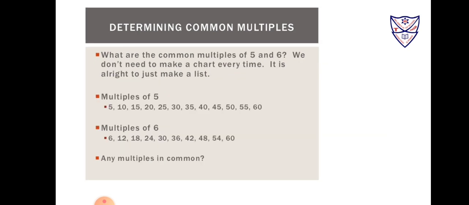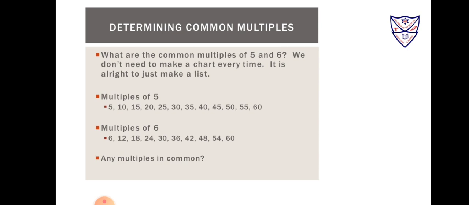Now students, determining common multiples. What are the common multiples of 5 and 6? We don't need to make a chart every time. It is alright to just make a list. So let me make a list of multiples of 5 as well as multiples of 6. Multiples of 5 are 5, 10, 15, 20, 25, 30, 35, 40, 45, 50, 55, 60.